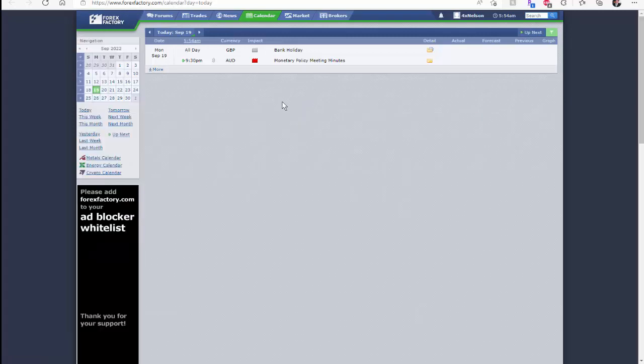So as far as today goes, September the 19th, there's a bank holiday for the pound, and there's no high impact news for Forex until 9:30 p.m. It's policy meetings. I'm not sure. Sometimes this can move the markets, and other times it doesn't move a real lot. But this will be 9:30 tonight, New York time.